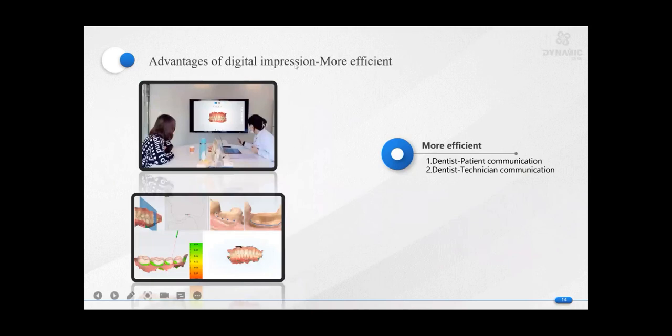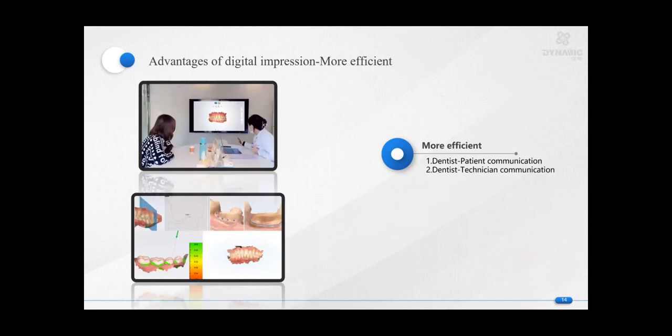Advantages of digital impression: it is more efficient. So how do we learn about it? From these 2 points, communication between doctors and patients in the traditional workflow is very inefficient. The medical language of doctors is obscure, such as twist, curve of Spee, steep, or crossbite, end-to-end, and so on in orthodontic patients.